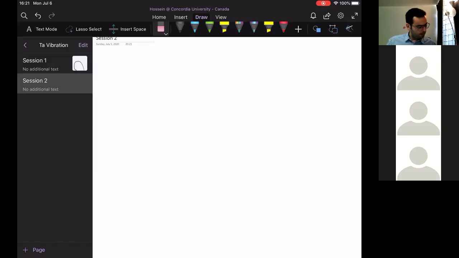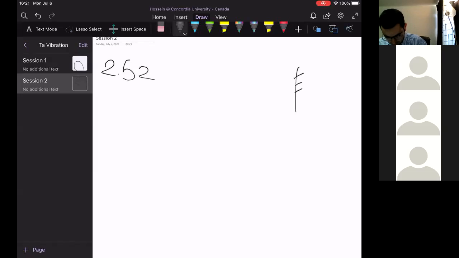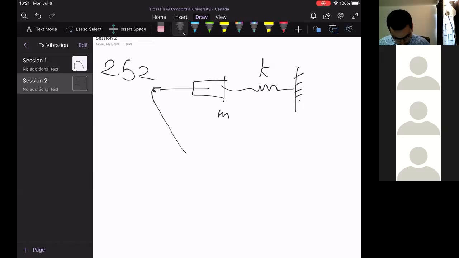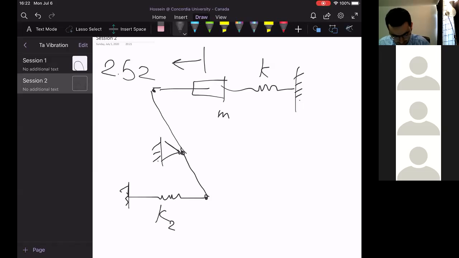So if I want to plot the sphere, there is a spring with a stiffness K, and there is a mass M, which is attached to the rigid links, and this is going to pass through point O. And at the end of this link, there is a spring, the stiffness K2, and the displacement from the upper mass is given as X, okay?